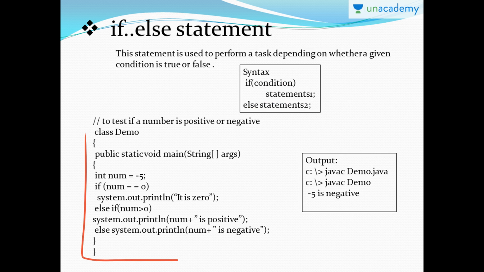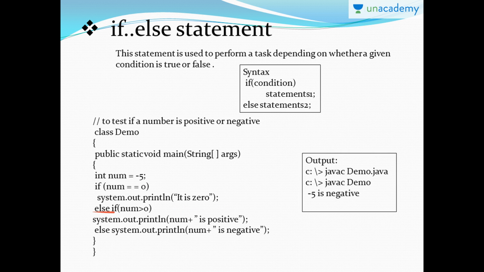Consider a simple program. This is the comment line, as we learned in the previous lesson. This is the class name Demo, public static void main String args. I'm declaring a variable num and storing the value -5 in it, giving a condition: if this number is equal to 0, print it is 0.